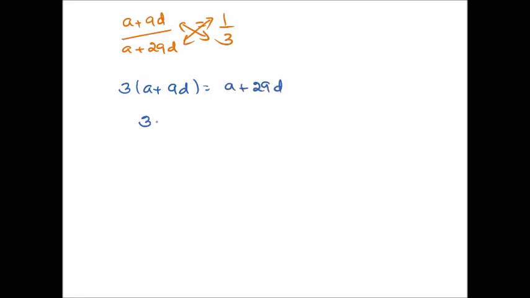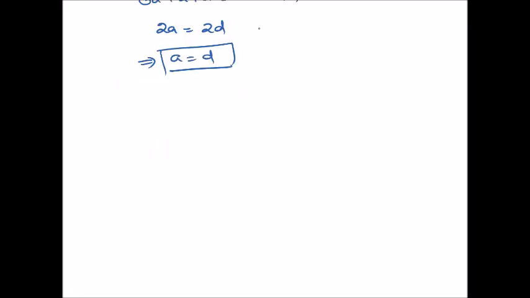That is 3a + 27d = a + 29d. That is 2a = 2d. That implies a = d. From here we get that the first term and the common difference are the same.